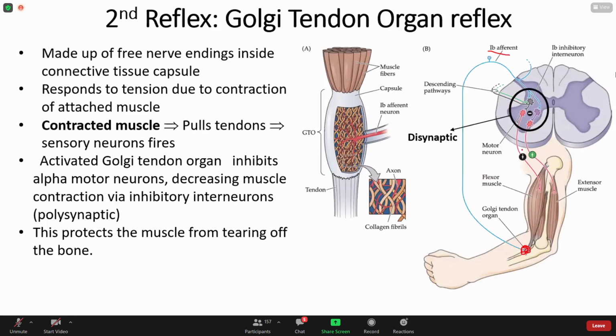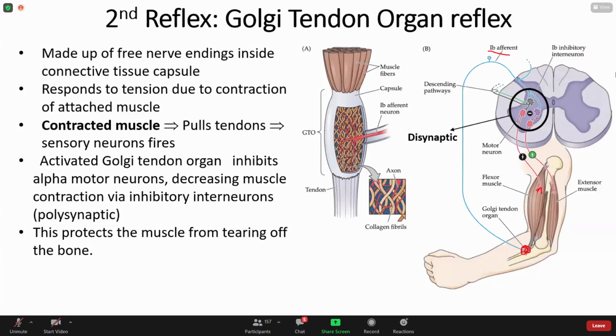The sensory neuron goes to the dorsal horn of the spinal cord. Now it makes two synapses, one with an inhibitory interneuron and the other with an excitatory interneuron. The inhibitory interneuron inhibits the alpha motor neuron innervating the flexor muscle.